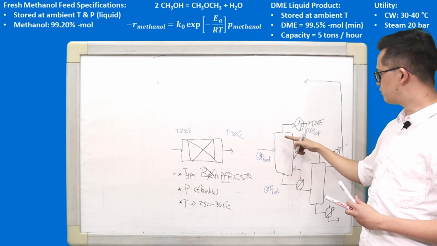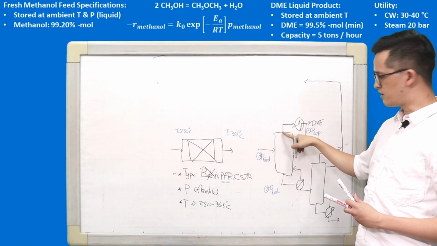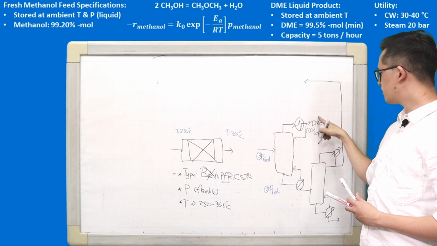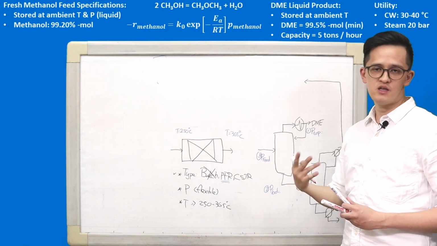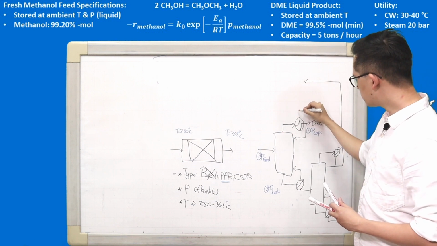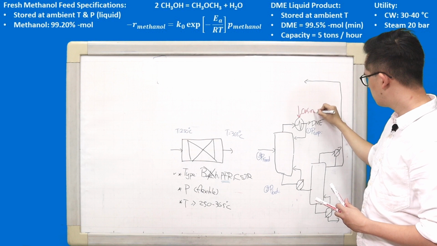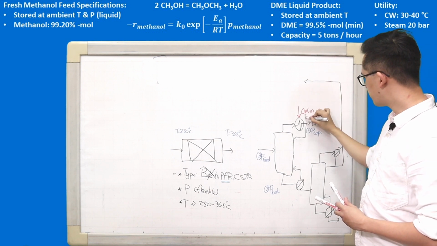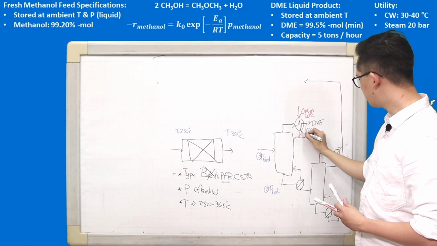It's to change the phase, the top product from the first stage, so that you can get a liquid product, because that's stated in the case that you want to get a liquid DME as your product. How to do that is you put a cooling water. So I'll put the number directly, 30 degrees C, and then it will leave at 40 degrees C.